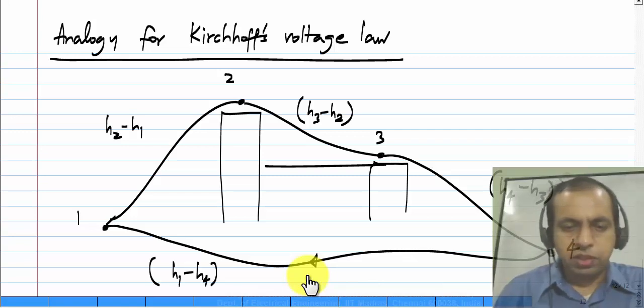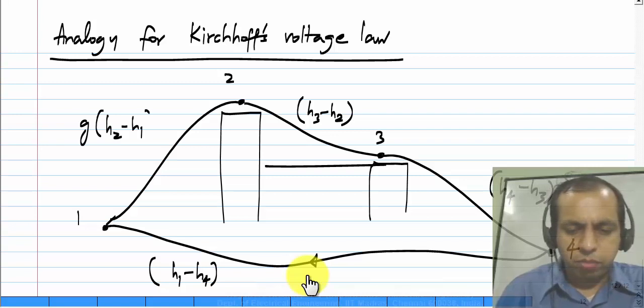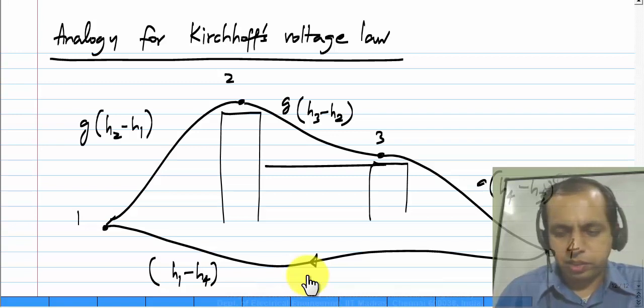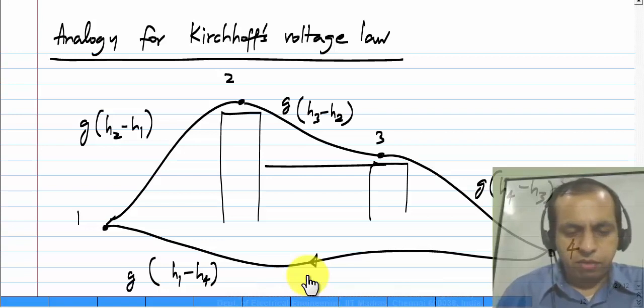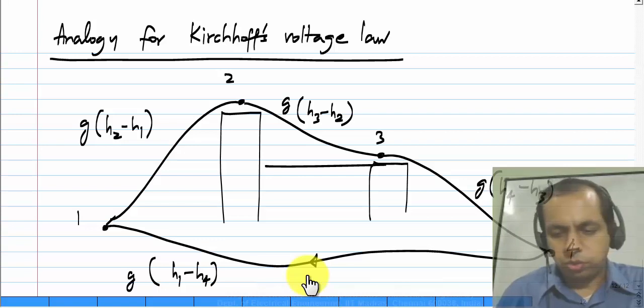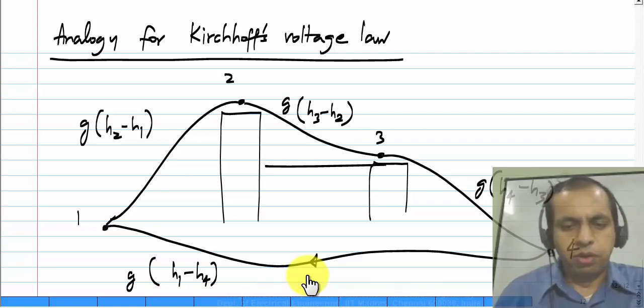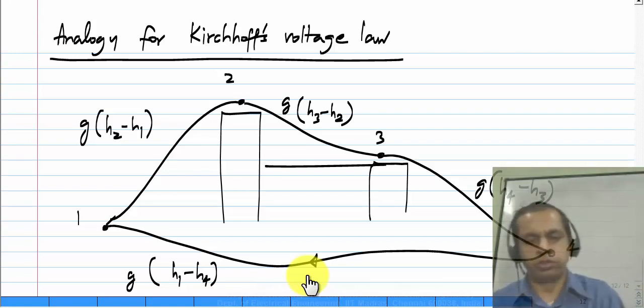So obviously, if you sum these gains in heights, which are basically stand-ins for gain in potentials, if I multiply this by G, I will have potential gain from 1 to 2, 2 to 3, 3 to 4 and 4 to 1. If you sum up all of these things, obviously you will end up with 0. And Kirchhoff's voltage law is directly analogous to this.